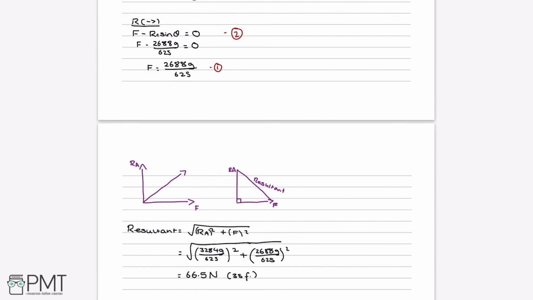So just doing that, the resultant force is equal to the square root of R squared plus F squared, as they say in the mark scheme, is 1 method mark. And finally, we get an answer mark for finding that the magnitude of the resultant force is 66.5 newtons to 3SF, or you can also give it to 2SF if you want, but either gets you the final 9th mark.